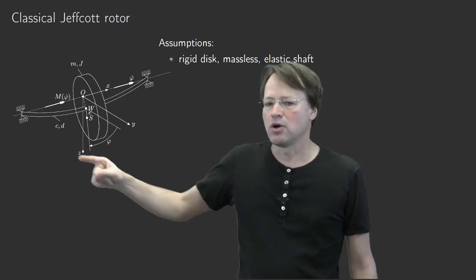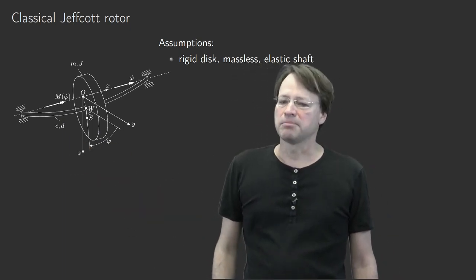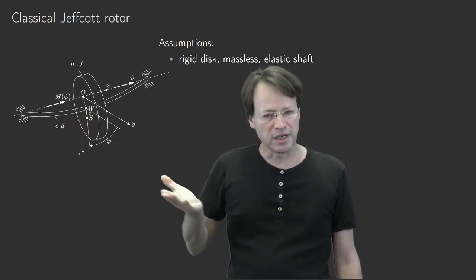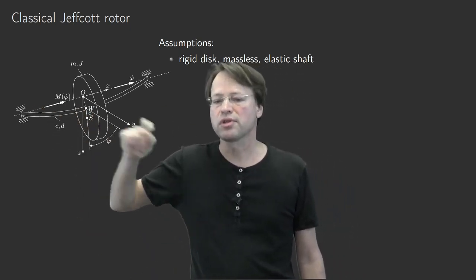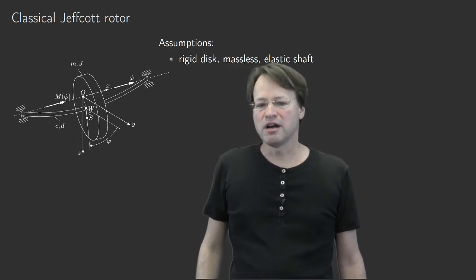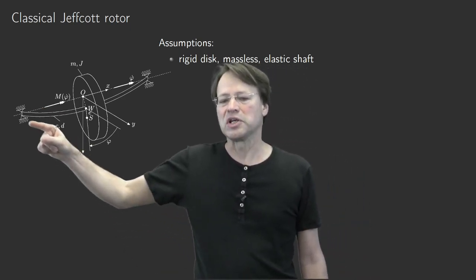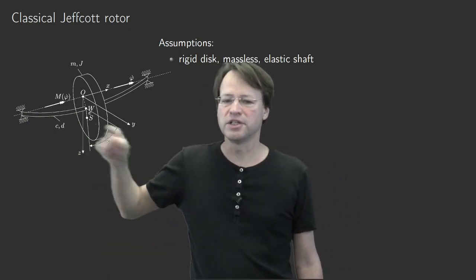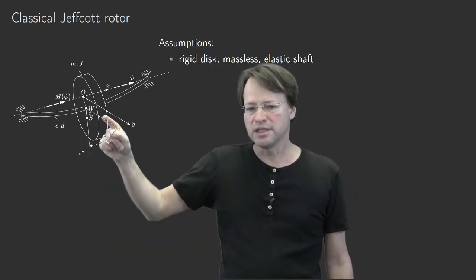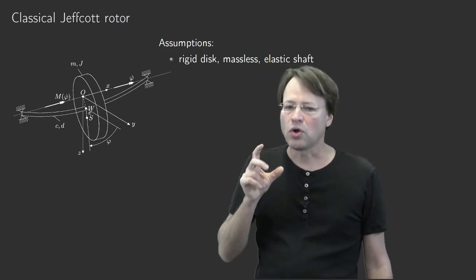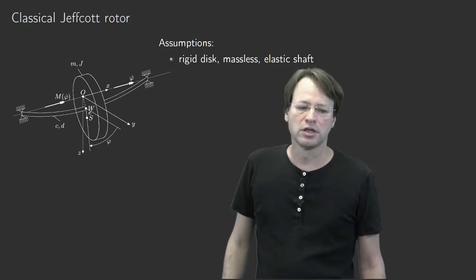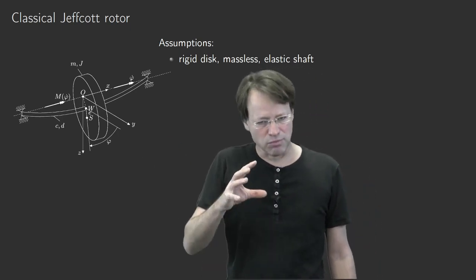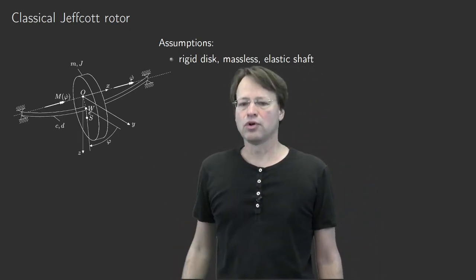So as we also consider the damping here, it must be represented by a spring and a damper. So a spring and a dashpot damper on both ends of that shaft. So they relate, they connect the bearing, which is assumed to be rigid, with the disc. The disc carries all the mass properties, so that is mainly the mass of the disc and the mass moment of inertia for rotation.